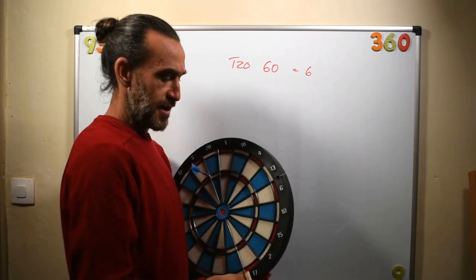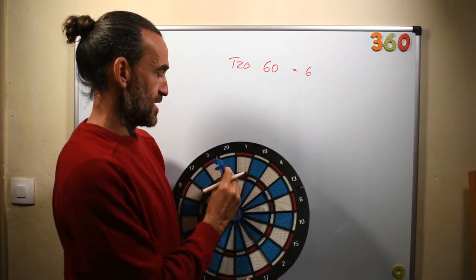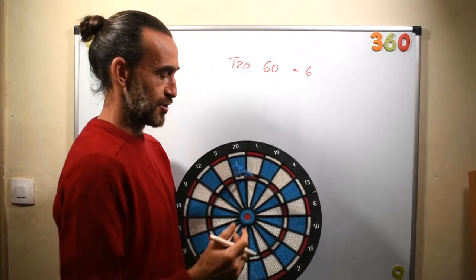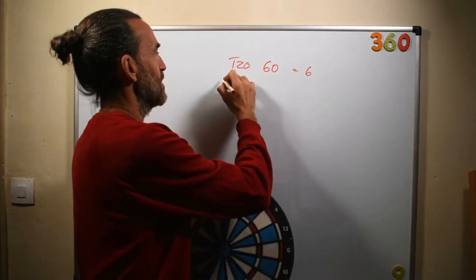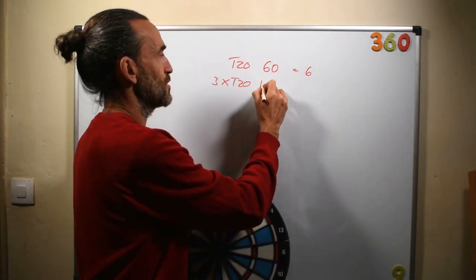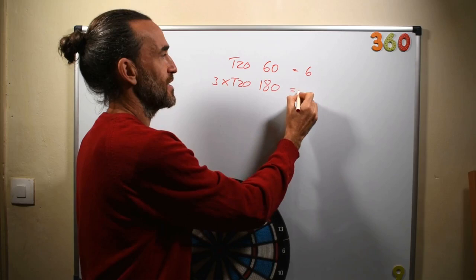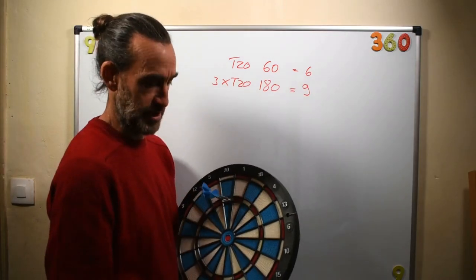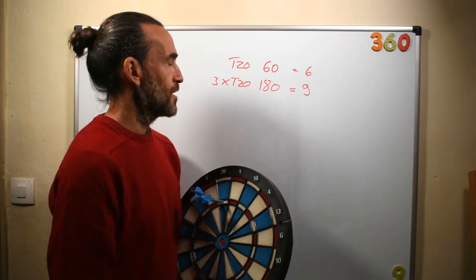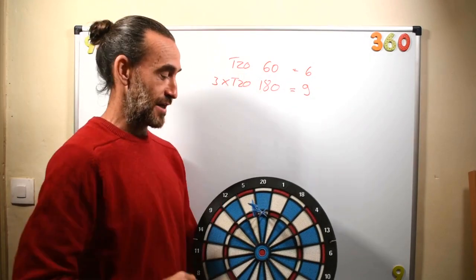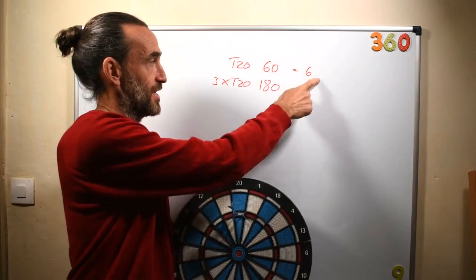Now, if I get the maximum each time, then I get 3 darts in the triple 20, which is 3 times triple 20, which equals 180, which gives me the root number of 9. 1 plus 8 plus 0 equals 9. So already we can see that there's a little bit of a link there with the 3 and the 6 and the 9.